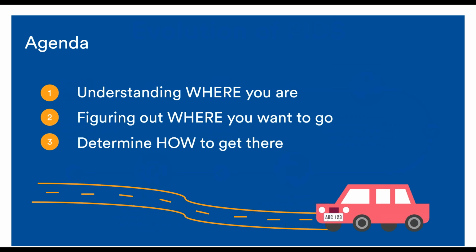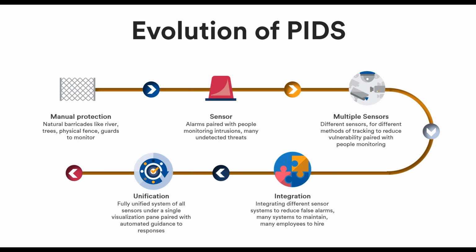And in the last part of the presentation, we want to help you determine how you can get there in terms of the state of your PID system that you have essentially envisioned for your facility. And so with that, let's begin.